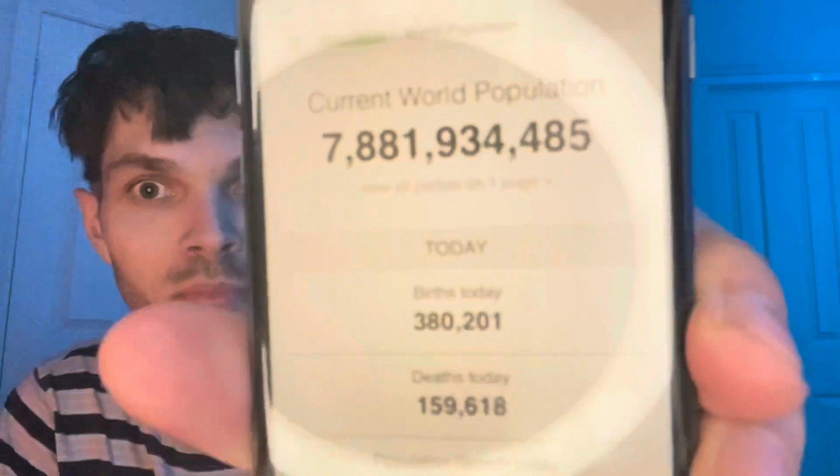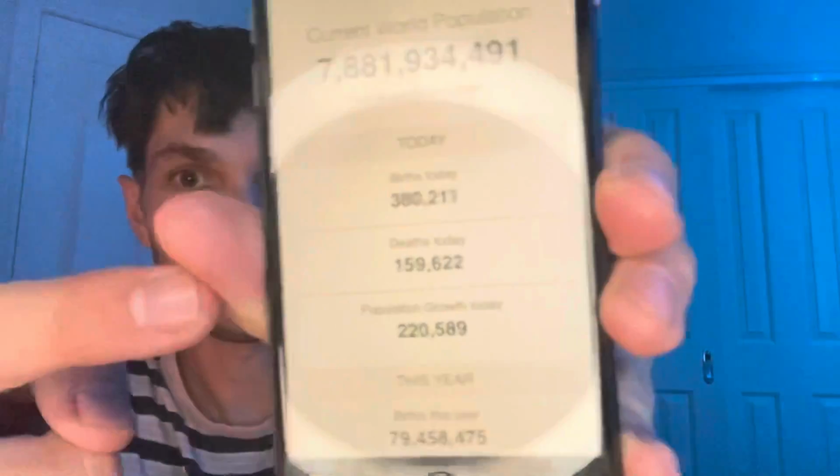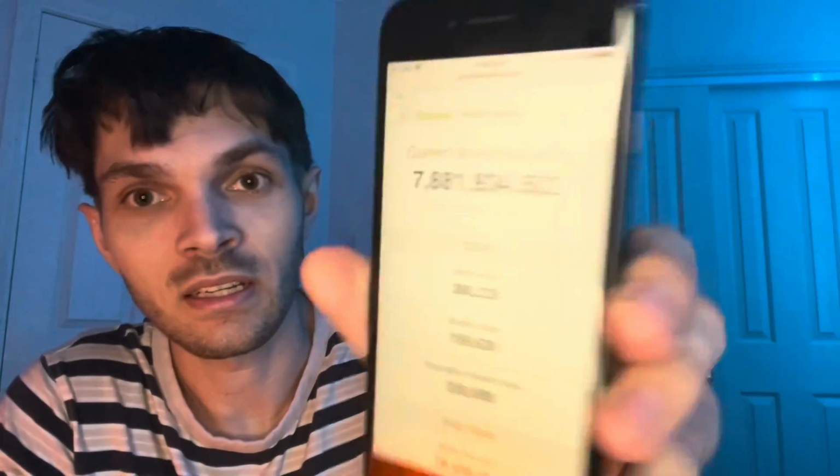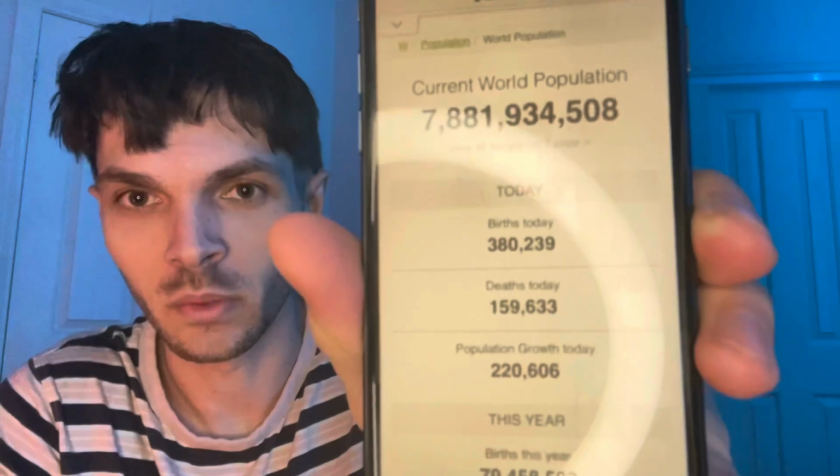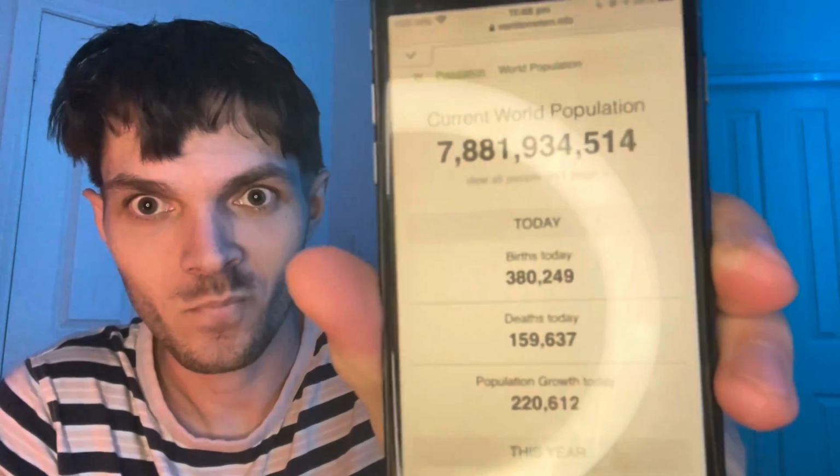So just today, 380,000 plus births, 159 plus deaths, and the total population growth being the maths between the two. That's insane. So that's the population we're dealing with.